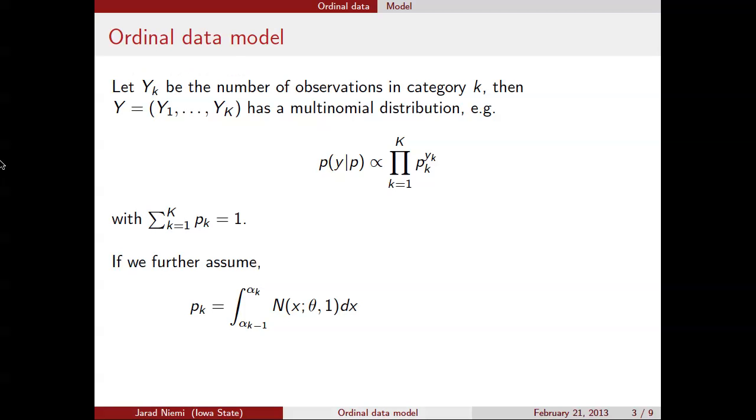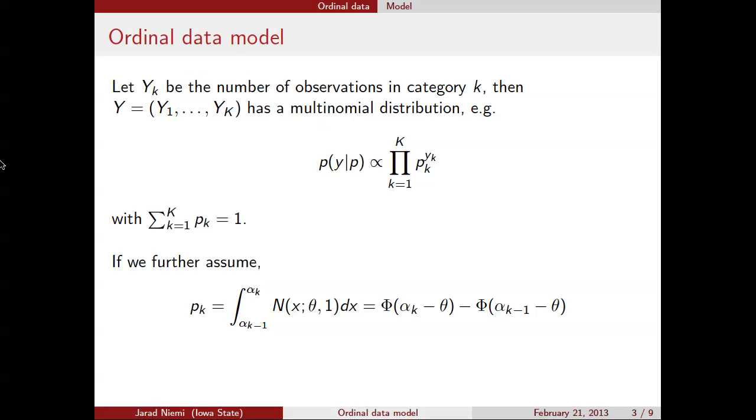And we have these cut points, alpha, in this case alpha_0 up to alpha_K, capital K. In the Amazon product, there'll be alpha_5, so alpha_0 up to alpha_5. Basically, this integral is just the area under the normal curve in that interval from alpha_{k-1} up to alpha_k.